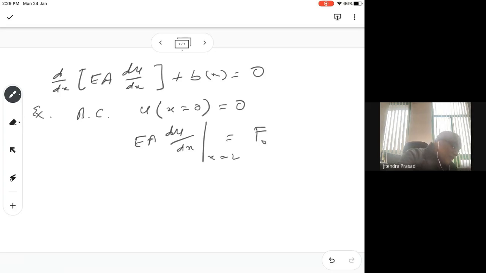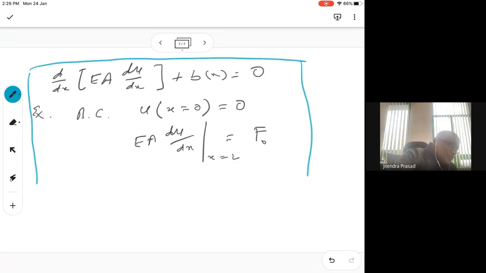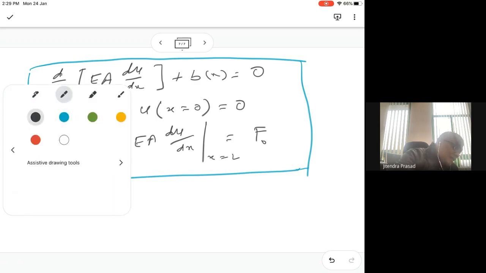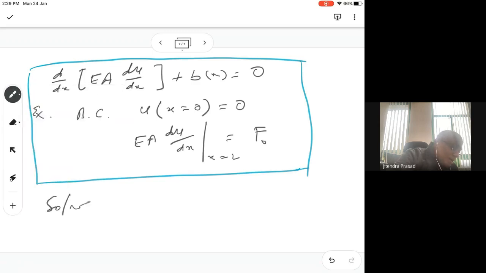So this gives you a complete definition of the problem, and you are supposed to solve it using the finite element method.